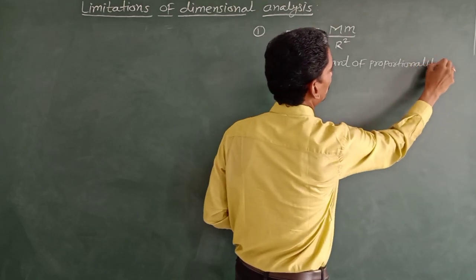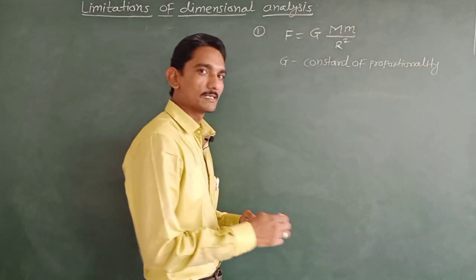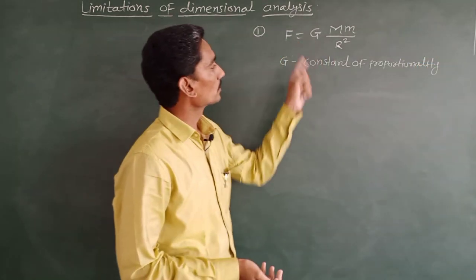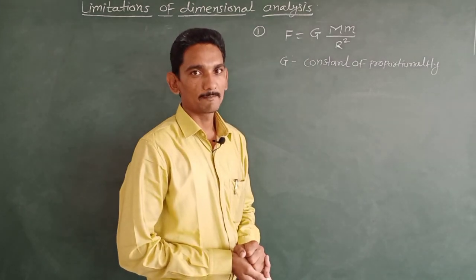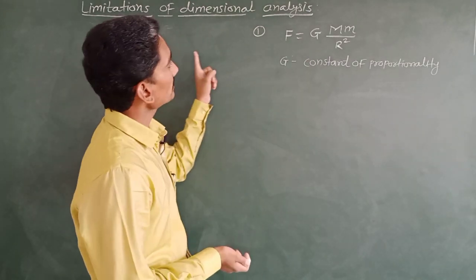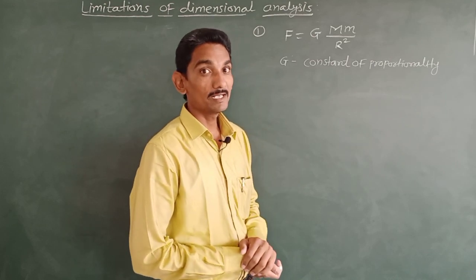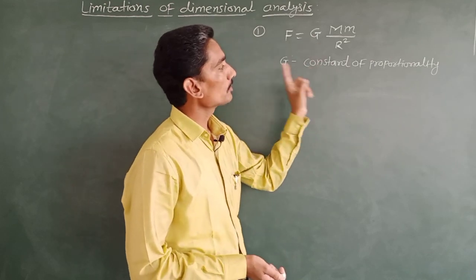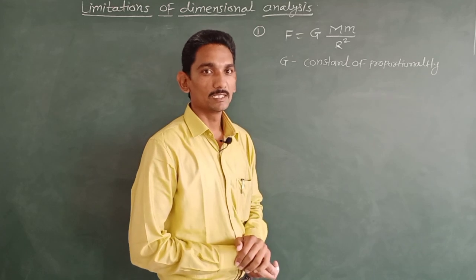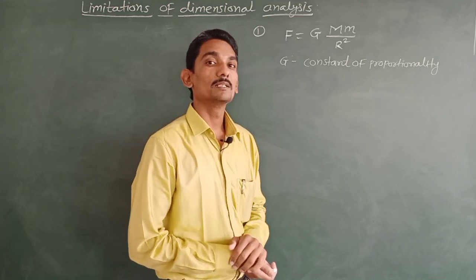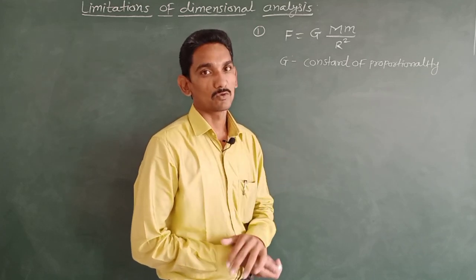So the first limitation is regarding this constant of proportionality. We can use dimensional analysis for those relations which contain a constant of proportionality, but that must be a dimensionless quantity.